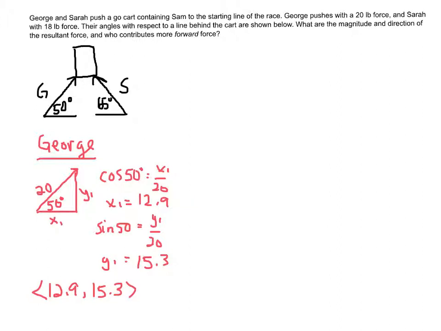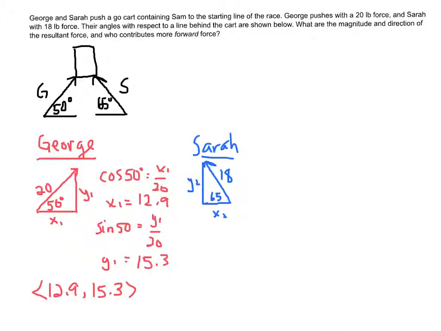Let's take a peek at the Sarah vector. So Sarah's vector looks something like this. This has a magnitude of 18 pounds of force, and it has an angle of 65 degrees. So we need to find the x component, we'll call this x2, and the y component, we'll call that y2.